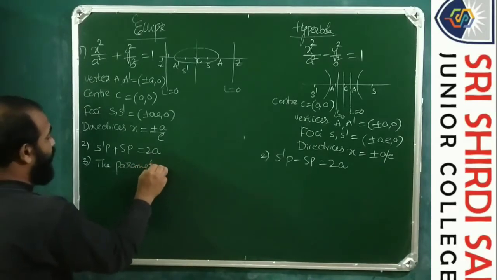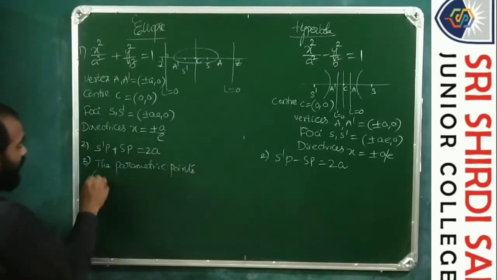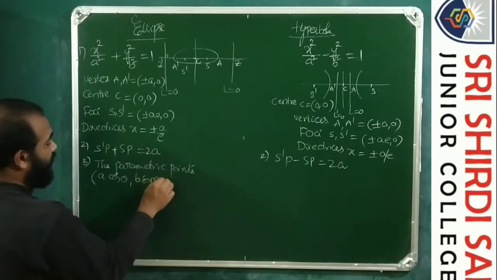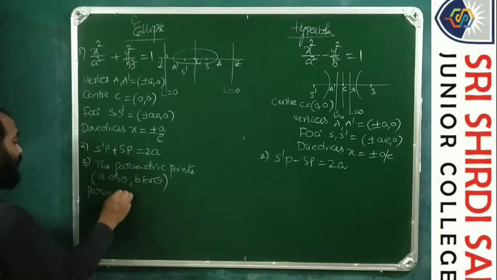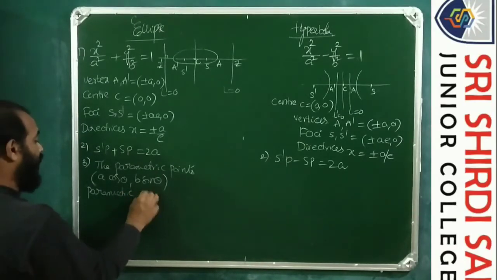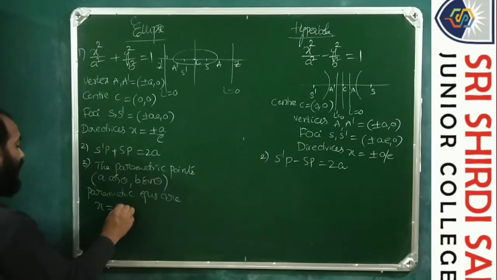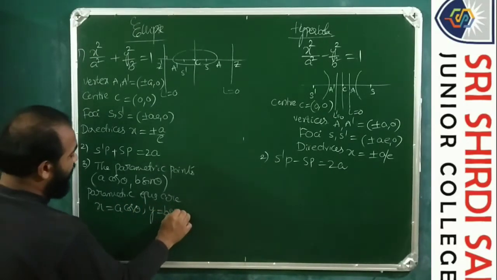Here the parametric points are A cos theta, B sin theta. So that means parametric equations are x is equal to A cos theta, y is equal to B sin theta.